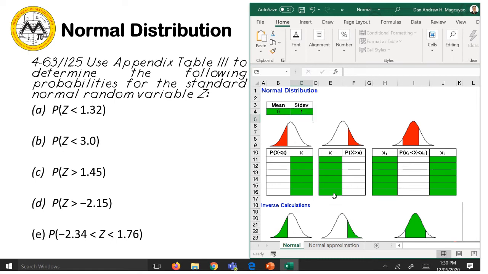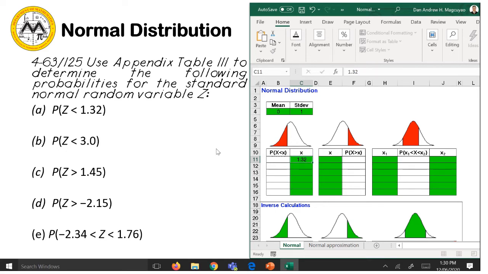All the green parts are fillable. For the first one, z is less than 1.32. Less than is to the left. So this one is to the left, this is to the left, this is greater than, to the right, and this is in between two values.